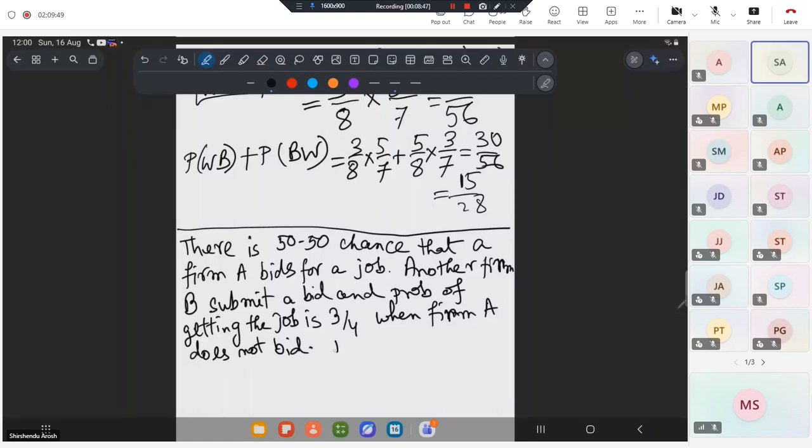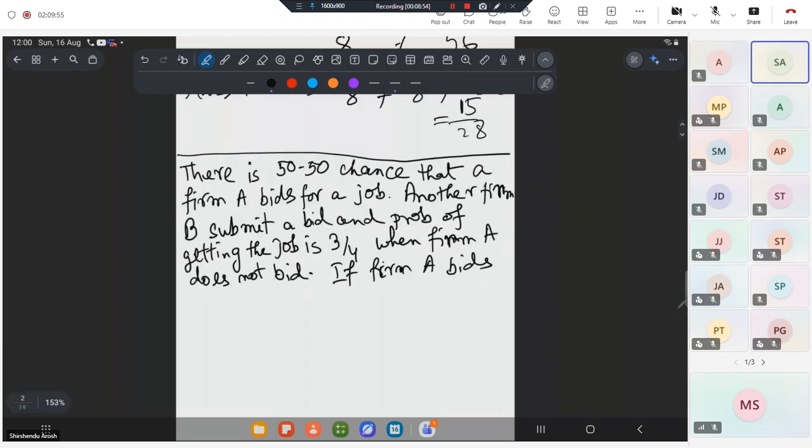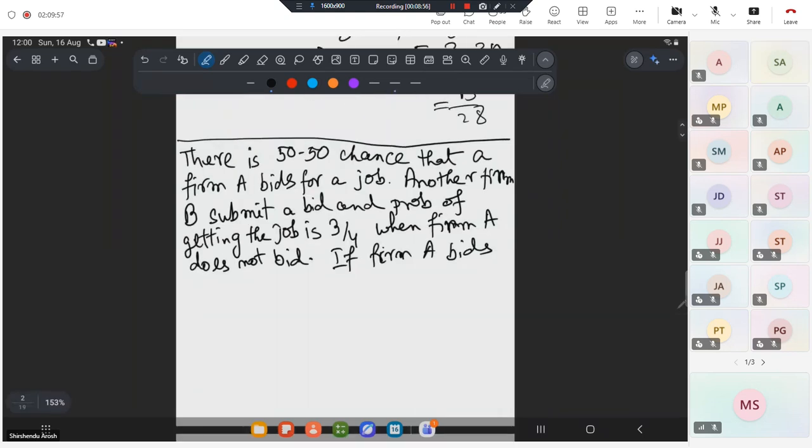If firm A bids, the probability of B getting the job is 1 by 3.